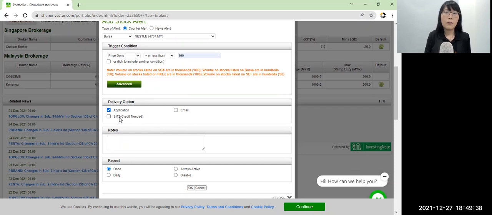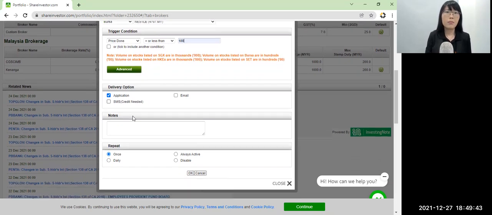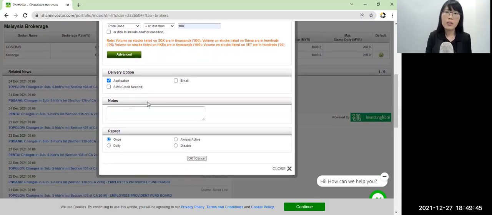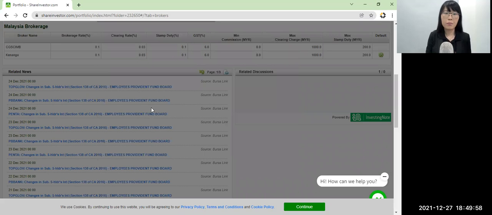But for SMS, credit charges are needed. Then you also can choose whether you want it to inform you once, daily, always active, or disable it. Then you can click OK.